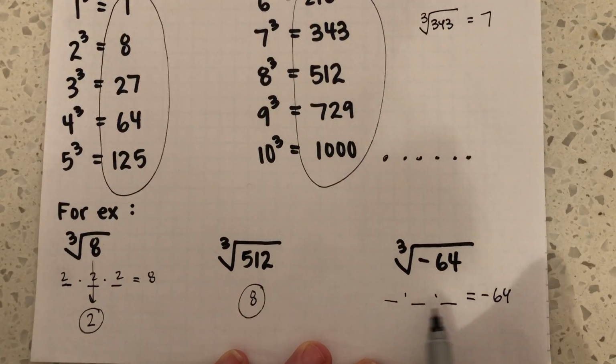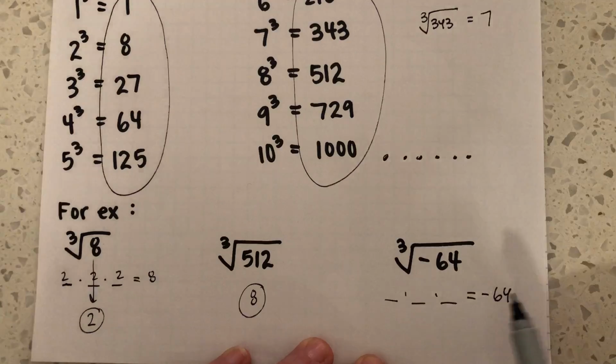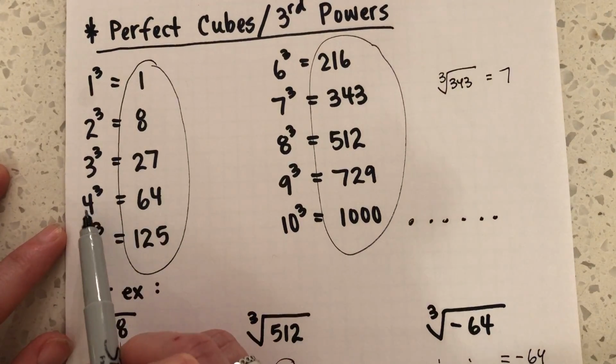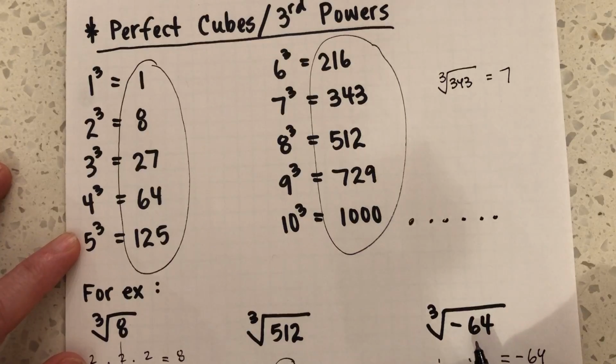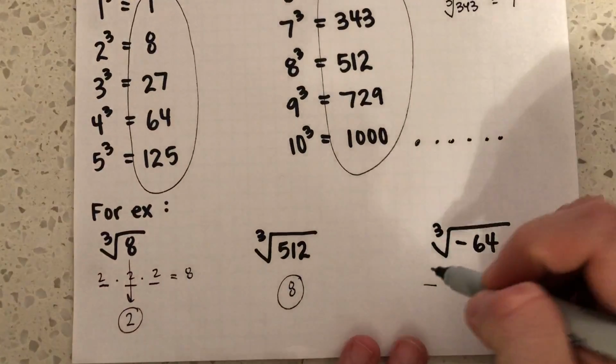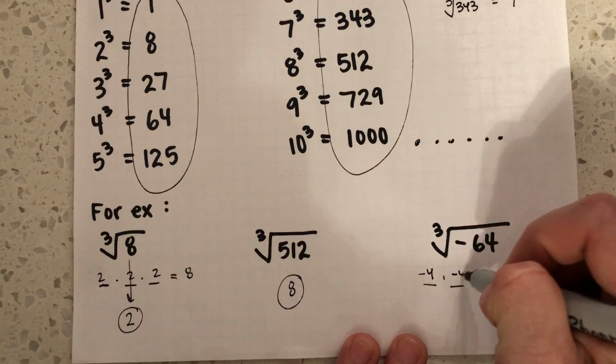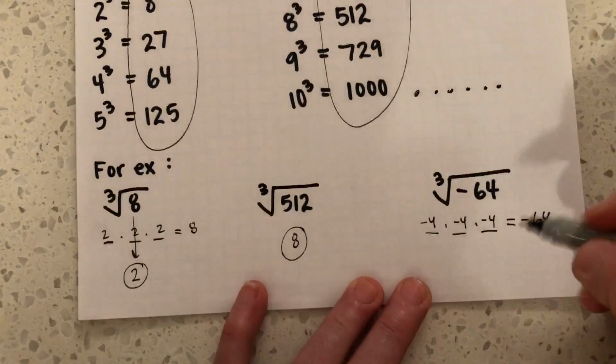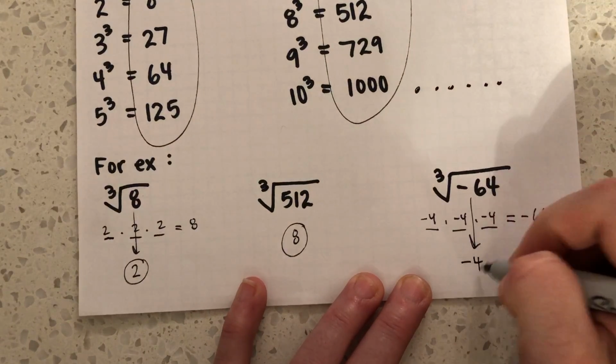Something times itself 3 times could end up negative. If you go to your list, the third root of 64 would have been positive 4. So the third root of negative 64 is negative 4, because negative 4 times negative 4 times negative 4 equals negative 64.